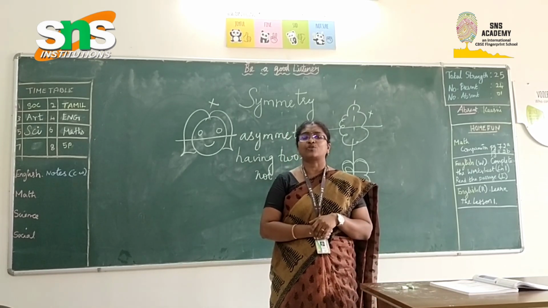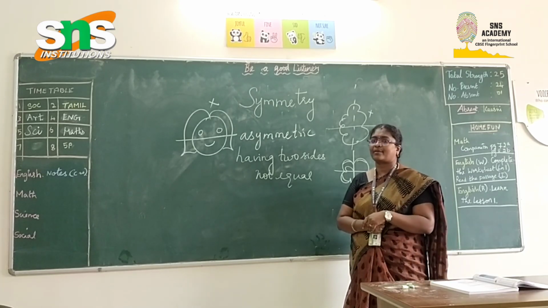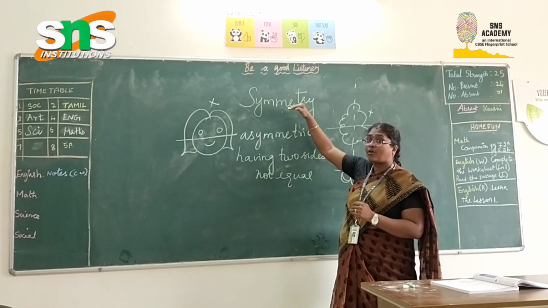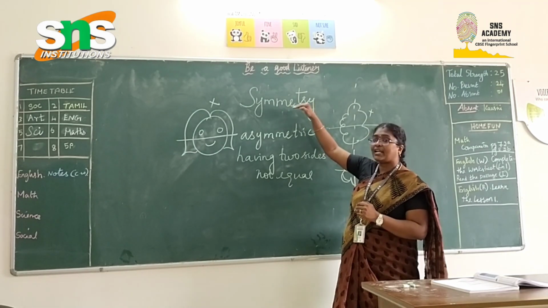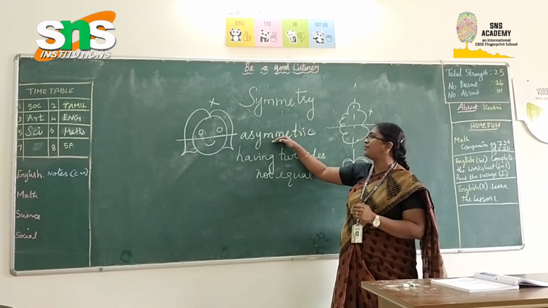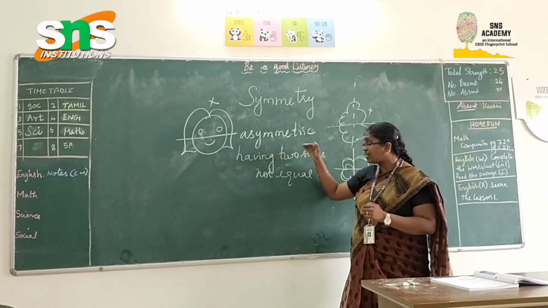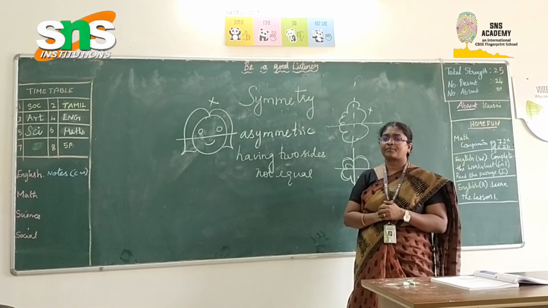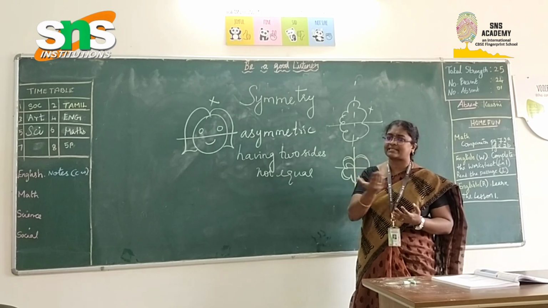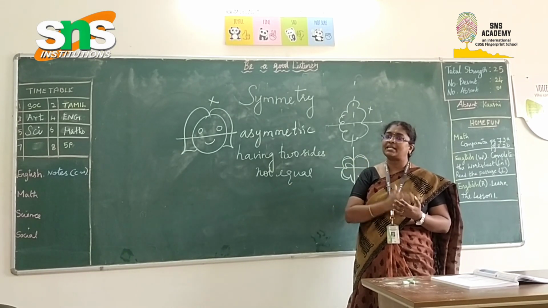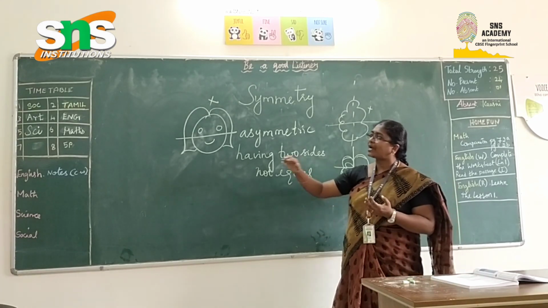The answer is that they are named under the category of asymmetric. Symmetric, as we already learned, divides the shape into two halves equally, but asymmetric shapes also have two sides, just like symmetric ones, but the two sides are not equal. Look at this picture, children.